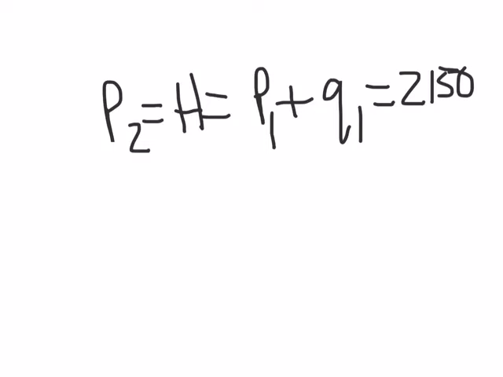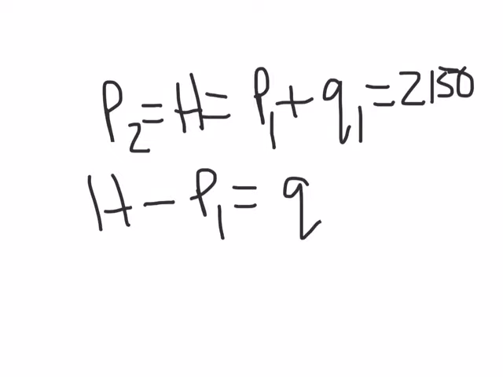So the difference between the pressures, that's what we're after, is going to be H minus P1, which equals Q1. And this is what pushes on the diaphragm in figure 2.5 to give you calibrated airspeed.